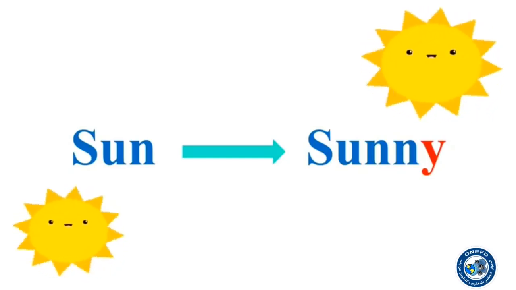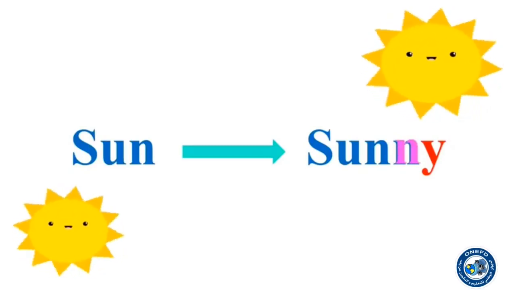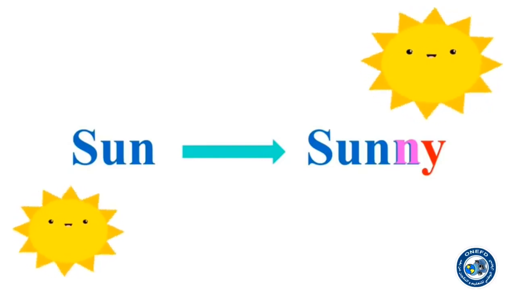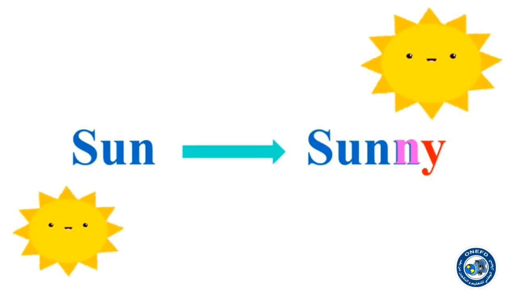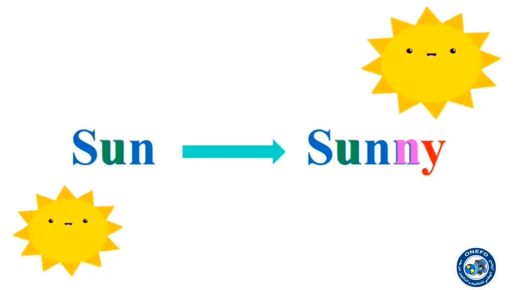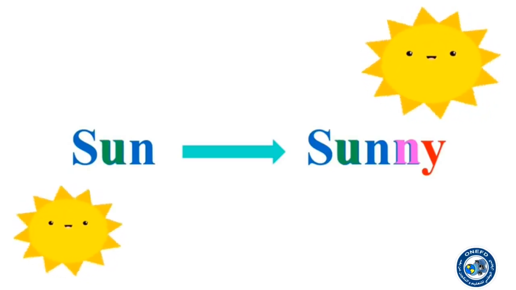But as you can see, dear pupils, in sun, there is one N. But in sunny, there is double N. We double the N because there is a vowel before the consonant, like you can see in green.